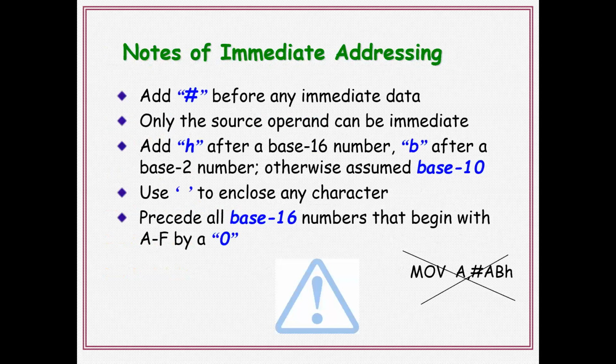What are the note points of immediate addressing mode? The first note point is to add a hash before any immediate data. The second one: only the source operand can be immediate. The third one: add h after a base 16 number, b after a base 2 number, otherwise assume base 10.